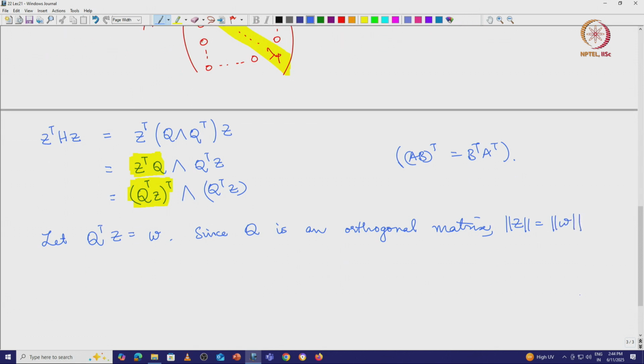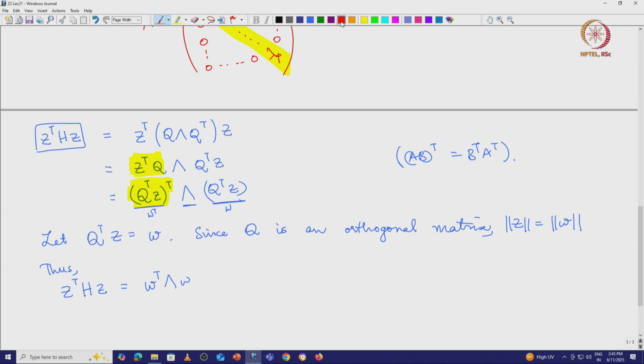So now Z transpose H Z will be equal to W transpose lambda W, because this is W transpose, this is lambda, and this is W. So, Z transpose H Z is equal to W transpose lambda W. That is what we have written here.